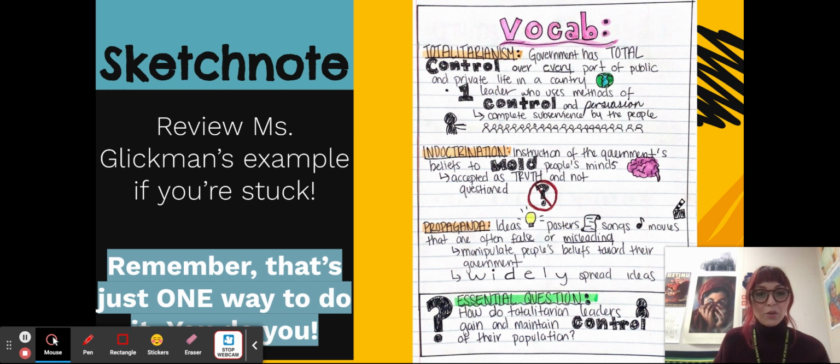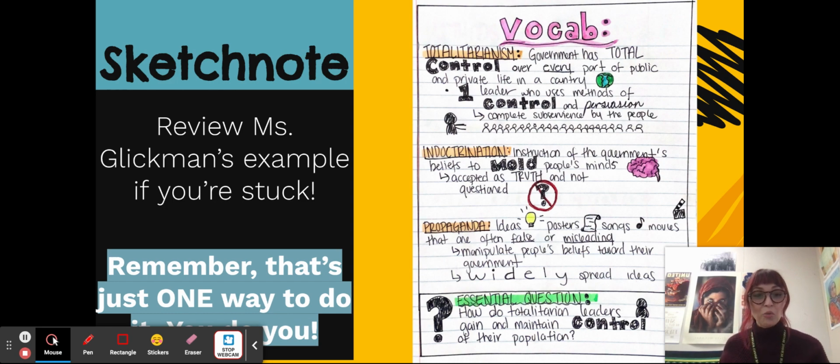And one of the words that really stuck out to me was control, right? And we know today we're focusing on the idea of control tactics. So I made sure when I was doing my notes that I made the word control really big and bold so it would pop off the page, and I would remember that as one of the main ideas. I also used a lot of icons, and I'm going to bring it back to this emoji idea, right?